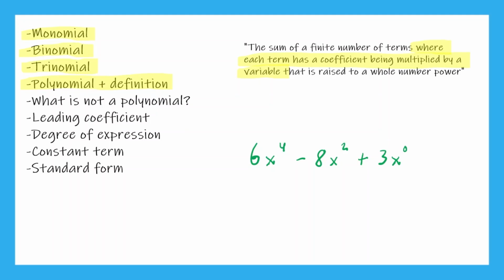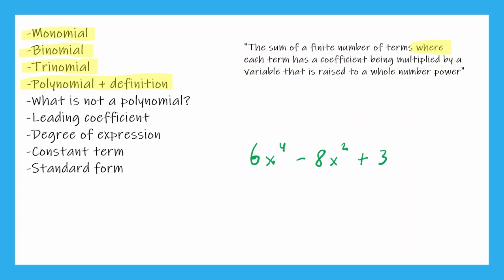Okay, so there's a variable in a sense because x to the power of 0 is the same as saying 1. Anything to the power of 0 is 1. So in that sense, we still fulfill the definition because we have x to the power of 0 right there, next to what we call the constant term. The 3 is the constant term, but we'll talk more about that in a minute.